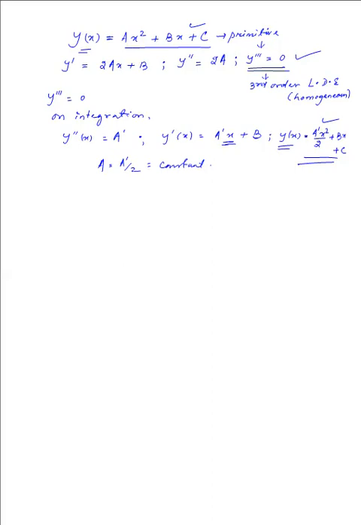Now let us have the most general linear differential equation of nth order, and it can be written in the form d^n y by dx^n plus a1(x) d^(n-1) y by dx^(n-1) plus, and it goes up to a_(n-1)(x) dy by dx, finally having a_n(x) multiplied by y equal to f(x).